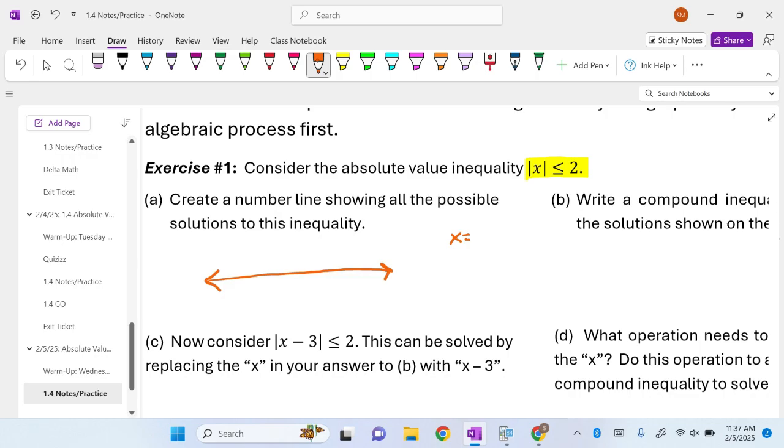What are some values of x that could work? 1 could work. What else? Someone else. -2 could work, because that'll give us equal to 2 when we put it back in. What else? 2 could work. What else?